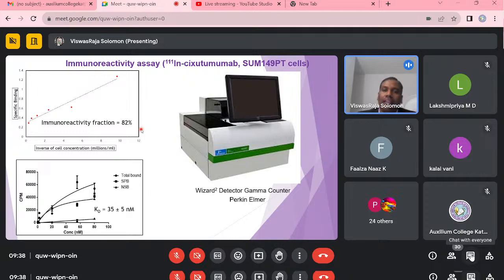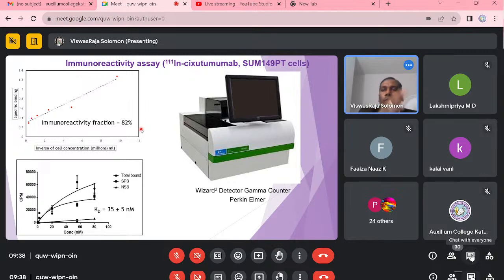The gamma counter measures the gamma photons, based on the isotopes we are using. It measures gamma photons at very small amounts, even in terms of radioactivity at a very low nanocurie level.